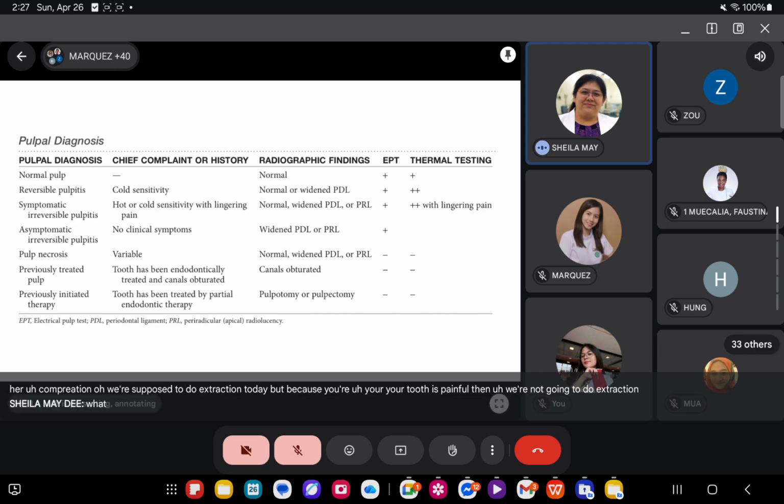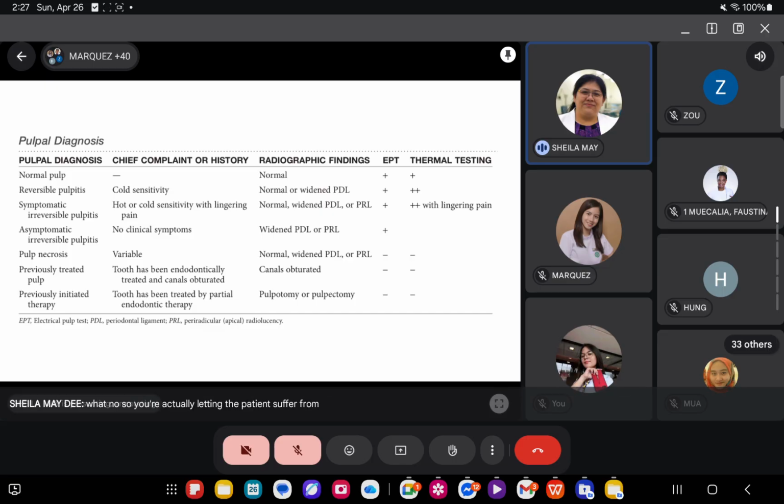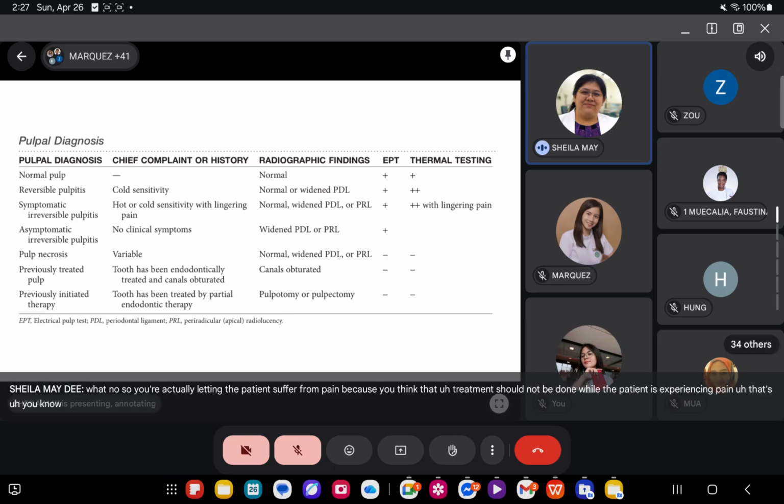So you're actually letting the patient suffer from pain because you think that treatment should not be done while the patient is experiencing pain. That's a very strange concept.